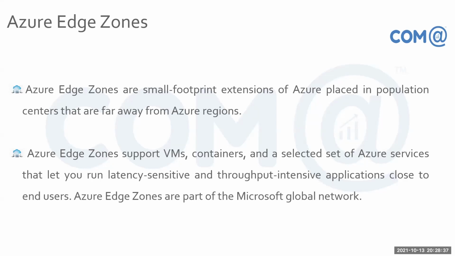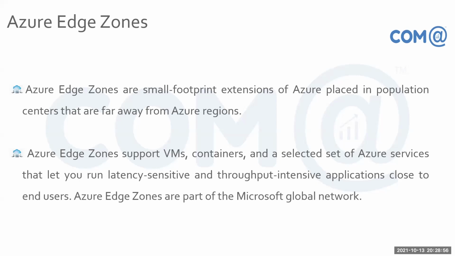The application will be cached to the US cache location, that is the US edge zone. And from that edge zone, the service is delivered to the end user. So the end user might be accessing your application from any part of the world.